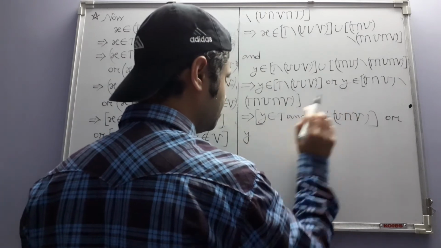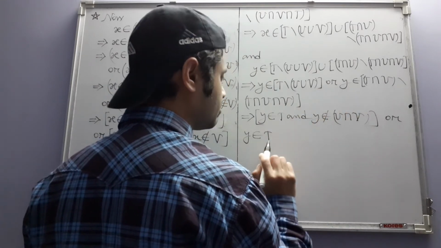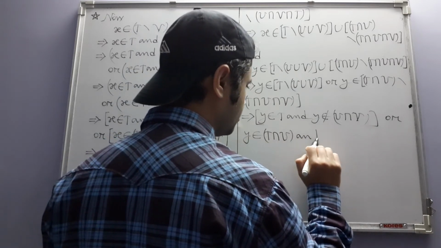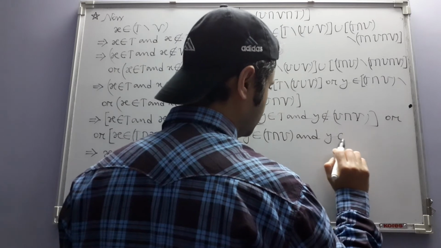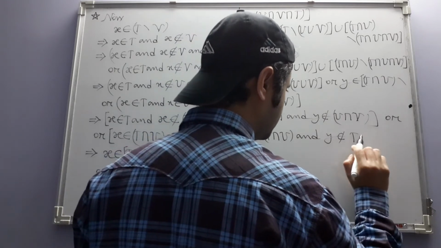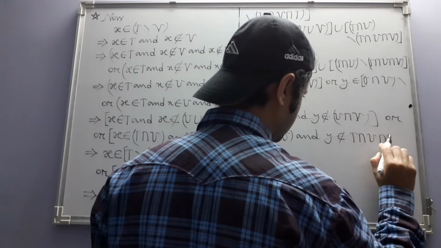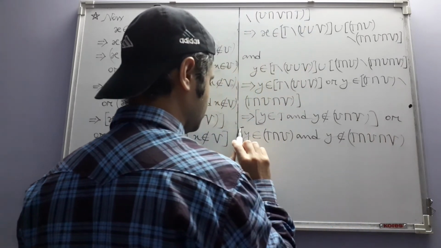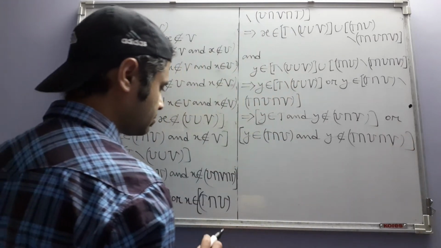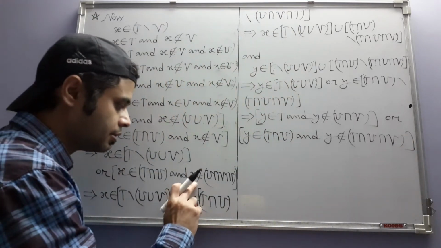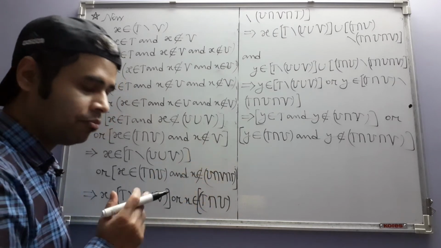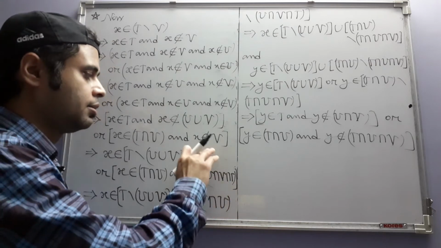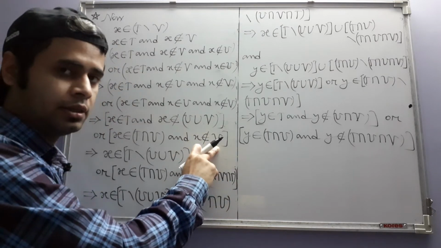So now this one: y belongs to t intersection u and y does not belong to t intersection u intersection v. When I said this does not imply this, I meant only this, x not being in this set, does not imply x not being in v.